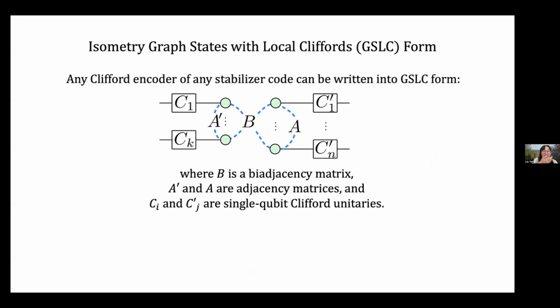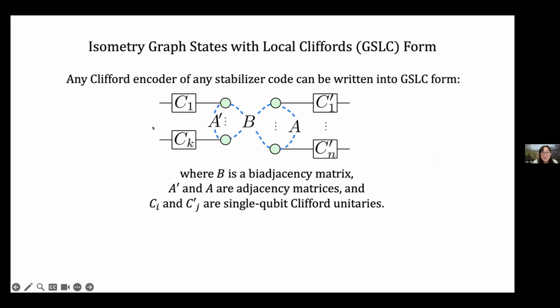So if we apply GSLC normal form to any isometry, what we get is always going to be of this form. It's going to be single qubit Cliffords. If you further reduce, say with pivoting and local complementation, you can actually make these local Cliffords in terms of just Z phases and Hadamards, getting rid of any red pi over 2s or pis, for example.